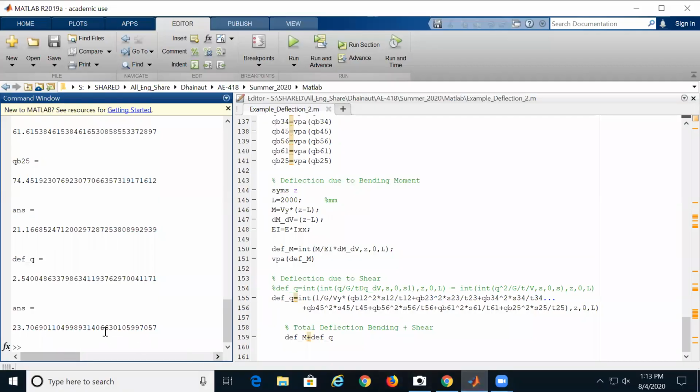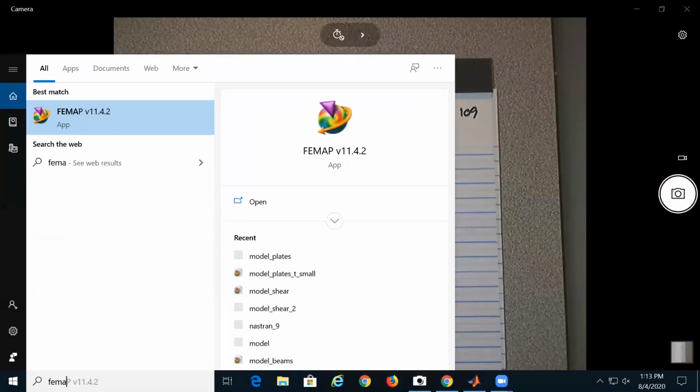That's what this would give us. 23.7, sorry. 23.7 millimeters. Okay, so I just want to mention that.